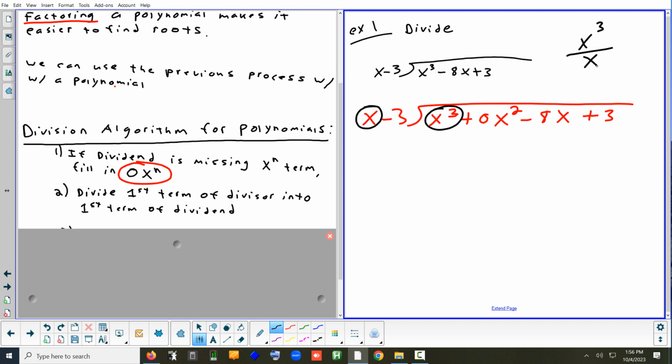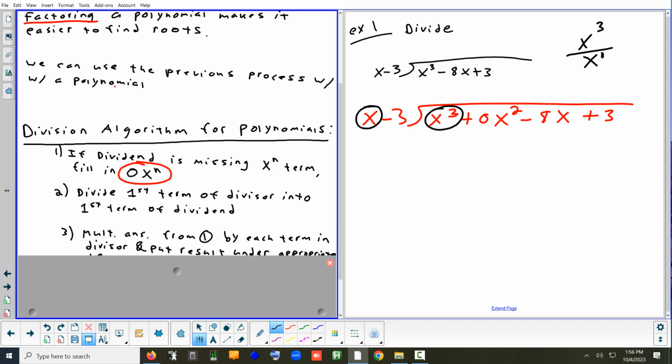Now remember the rule: when you divide two things with the same base, you take the 3 and the 1, and what do you do with the two numbers? Subtract. So what is x cubed divided by x to the first? x squared.